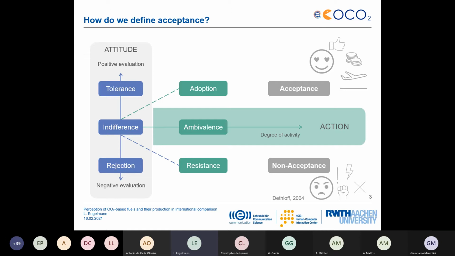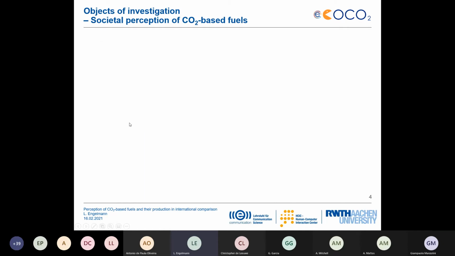And this resistance is the opposite of acceptance and can manifest itself in active forms of refusal, like, for example, local protests against new facilities or product boycotts, for example, combined with social media campaigns or something like that. And the research that has been previously done on the acceptance of CO2-based jet fuels is close to not yet existing.